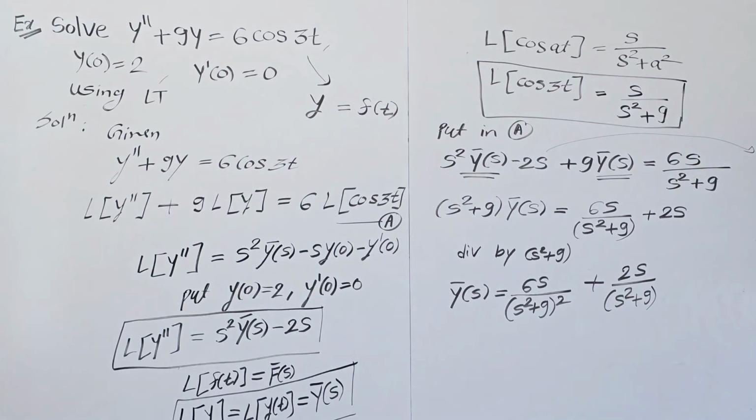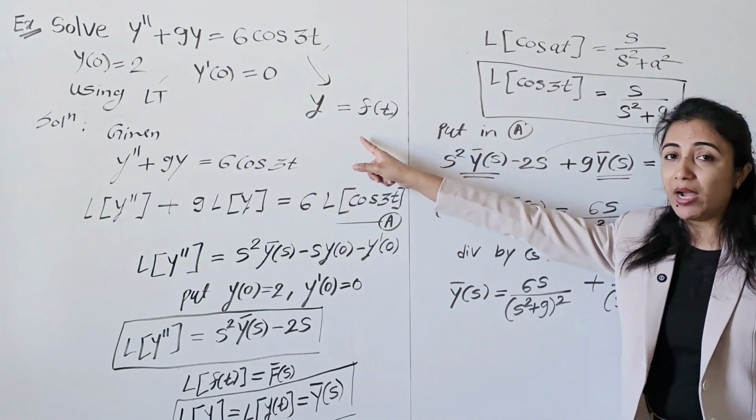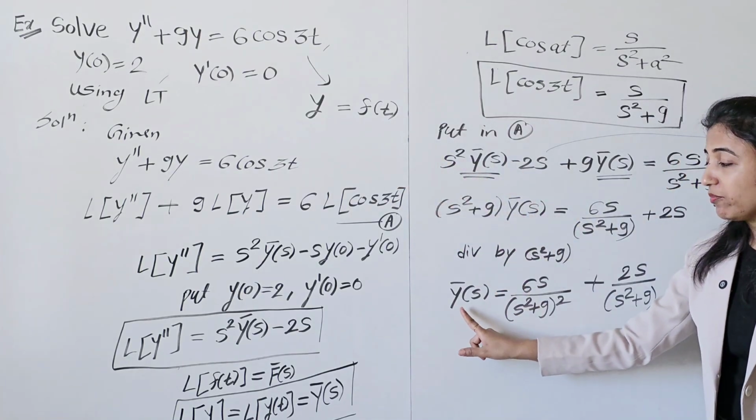Now in the next step, you have to apply the Laplace inverse on both sides, because you want the answer y as a function of t, but so far it is a function of s.